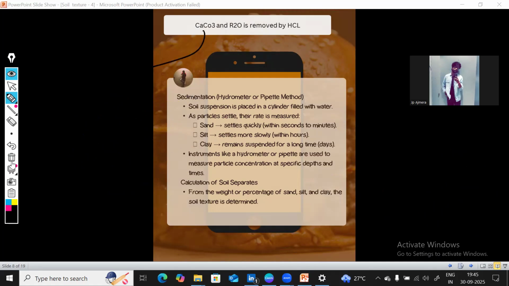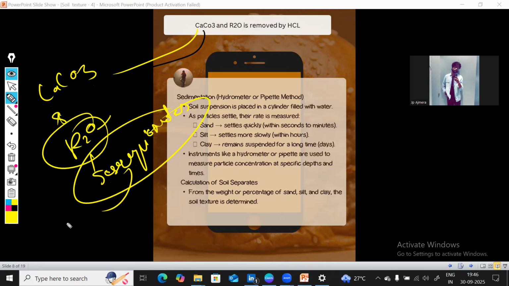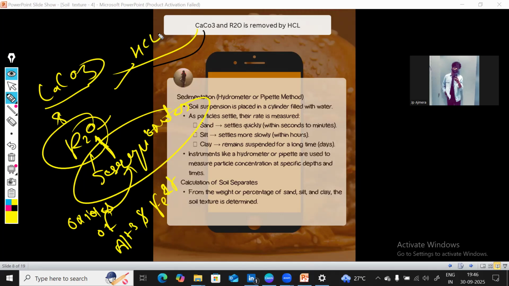Okay, there is one thing we forgot. There is calcium carbonate and R2O3. What is R2O3? These are the oxides of aluminum and iron, known as sesquioxides, which we represent by R2O3. These and calcium carbonate are removed by HCl.